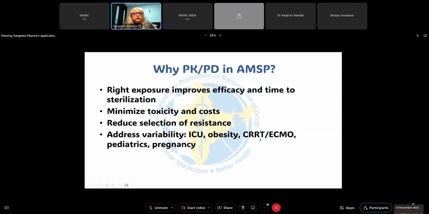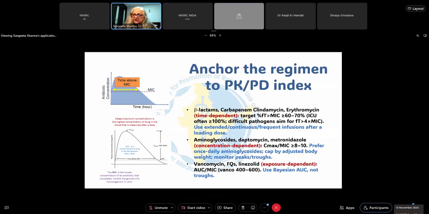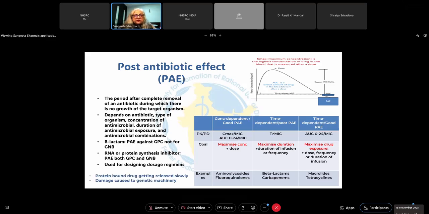We need to take care of these, because this will help us achieve the right exposures and minimize toxicity, costs, and selection. You also need to address the various patient-specific situations: ICU, obesity, dialysis, pediatrics, and which antibiotics to use in pregnancy. So I think this is very specific here.